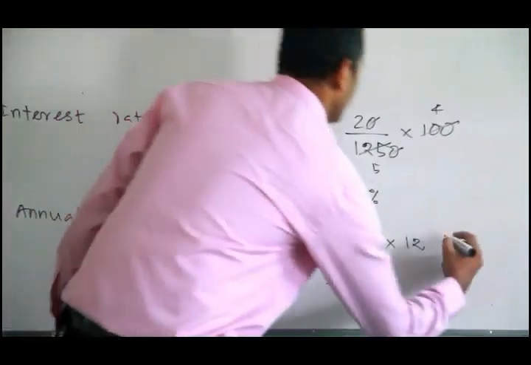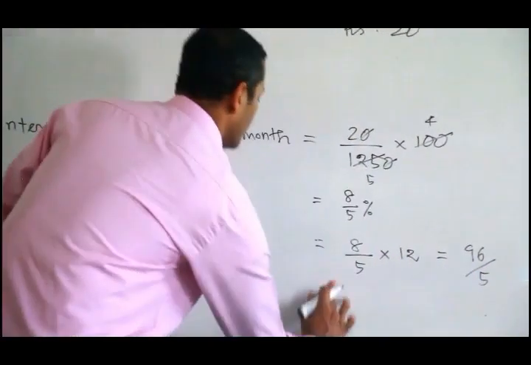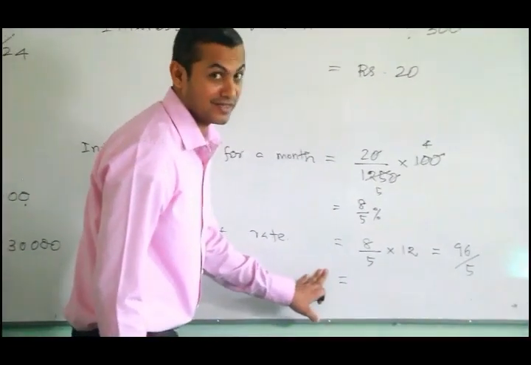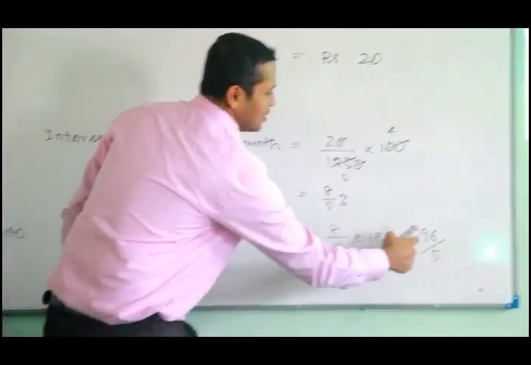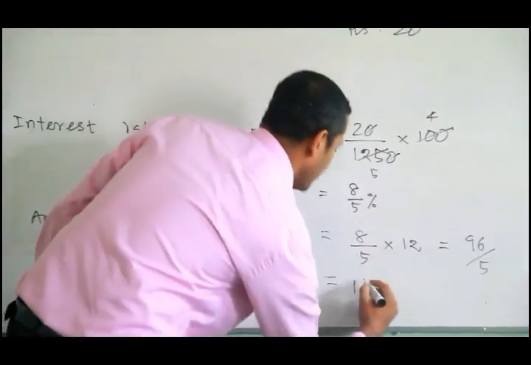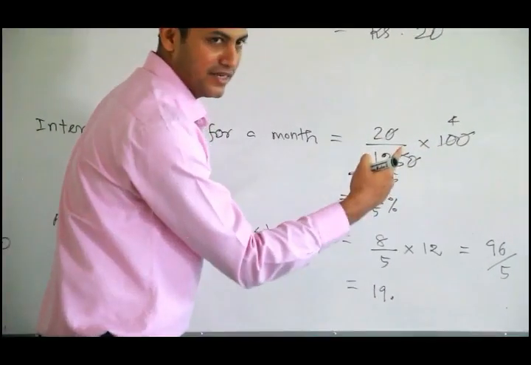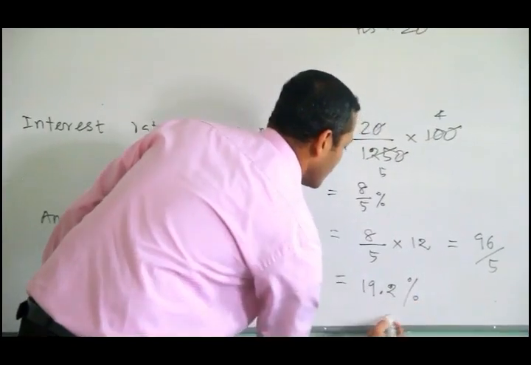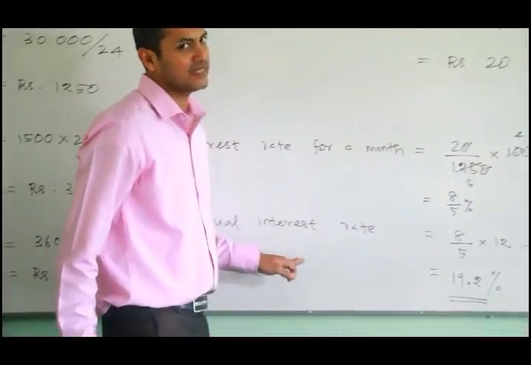Then you will end up with 96/5. It will be a decimal. So this is the annual interest rate or the interest percentage.